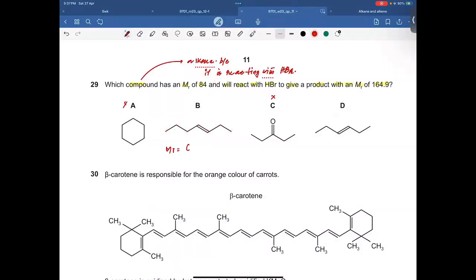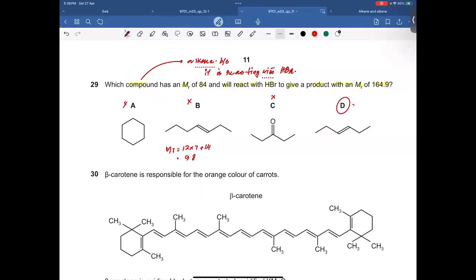So we have 7 carbon, so 7 times 12 plus hydrogen. 1, 2, 3, 4, 5, 6, 7, 8, 9, 10, 11, 12, 13, 14, plus 14. So the MR is going to be how much? 12 times 7 plus 14 is going to be 98. So this must be an incorrect option. The right answer is going to be D.